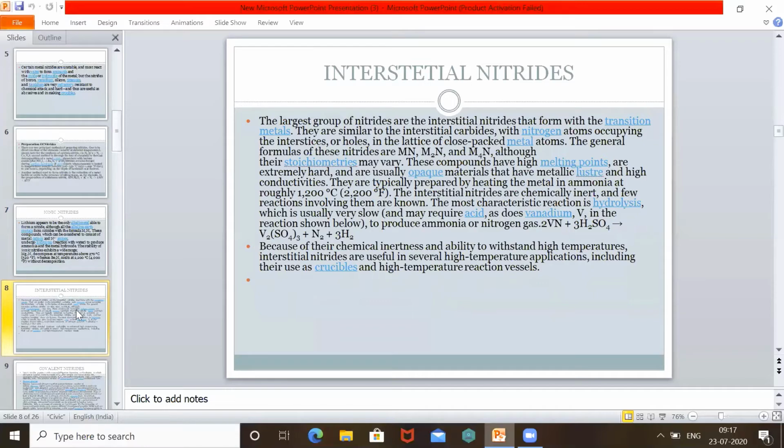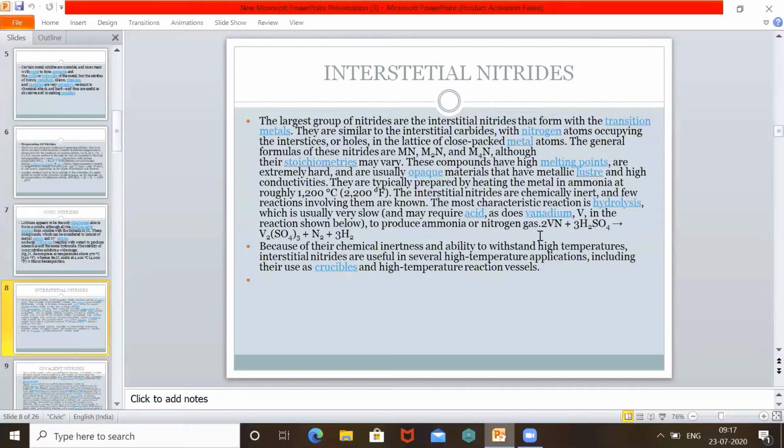The largest group of nitrides are the interstitial nitrides. Transition metals are famous for having interspaces between the atoms. So, similar to interstitial carbides, nitrogen also accumulates into that place and forms nitrides.